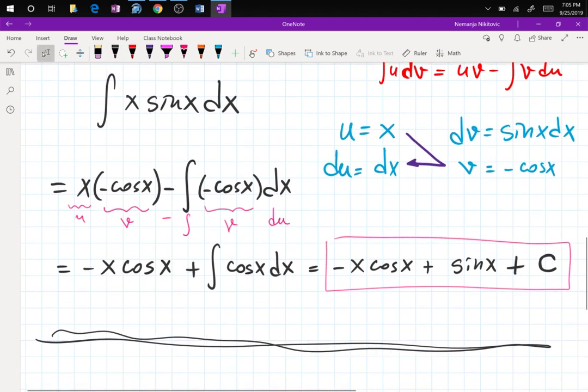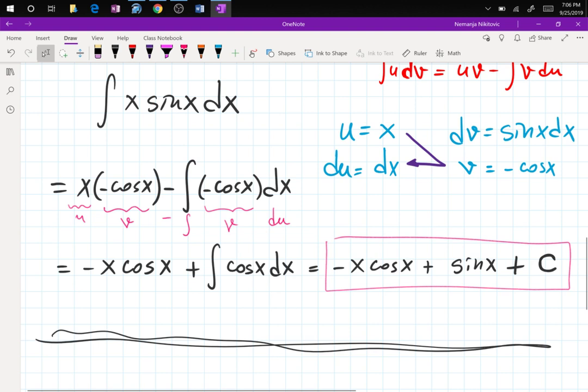So over here, what you see is what we would call an introductory example to integration by parts, because we had to do integration by parts only once. It was clear that we need to get rid of this x somehow so that we can deal with the rest. You can see that the second integral over here lost that x.